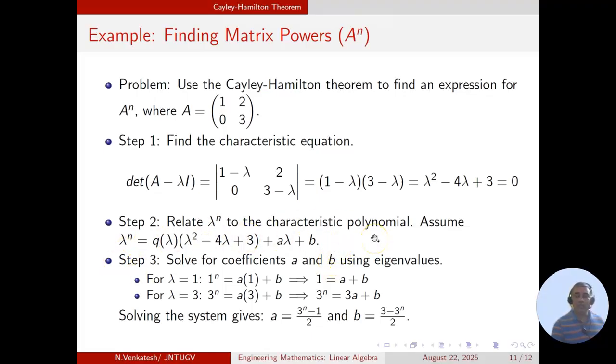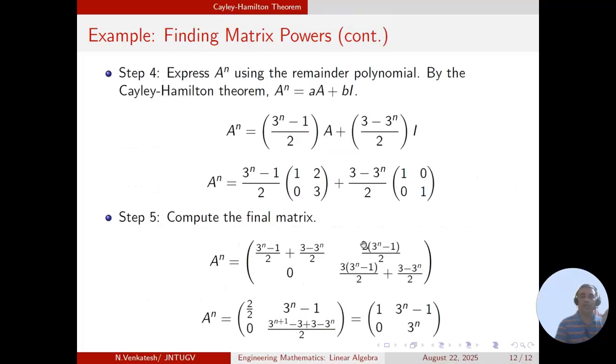By using the combination of this characteristic equation and the polynomial theorem, we can say that the matrix also satisfies this equation. That means A power n is simply a into capital A plus b into I. So that's an important result that we are going to use here.